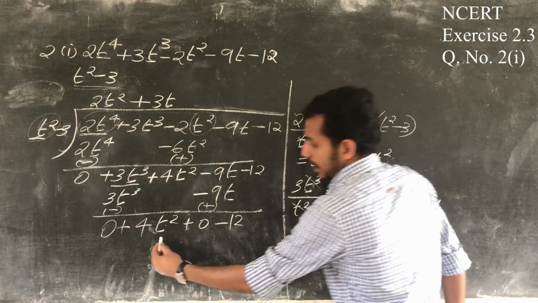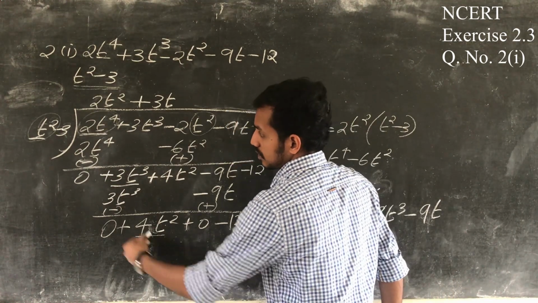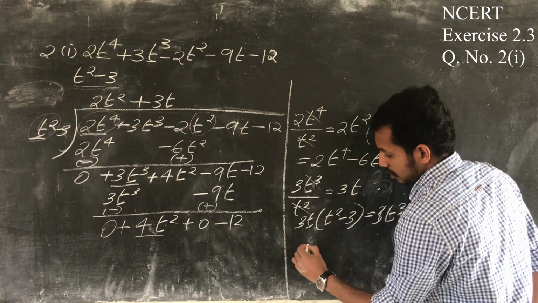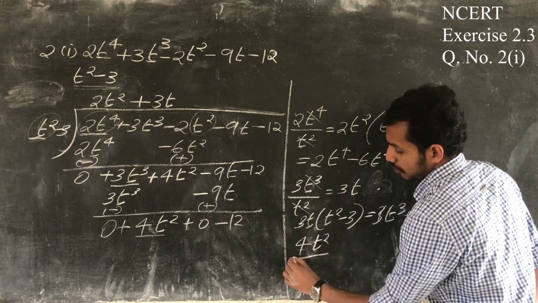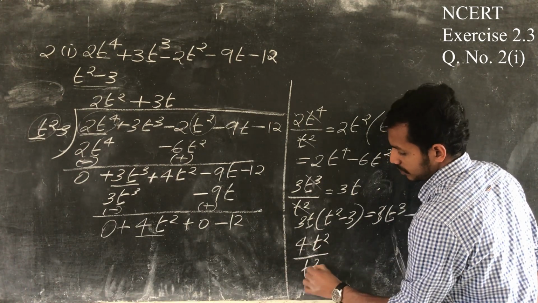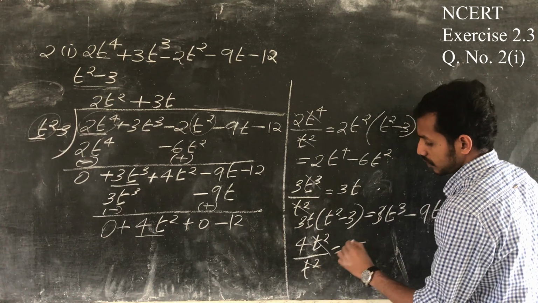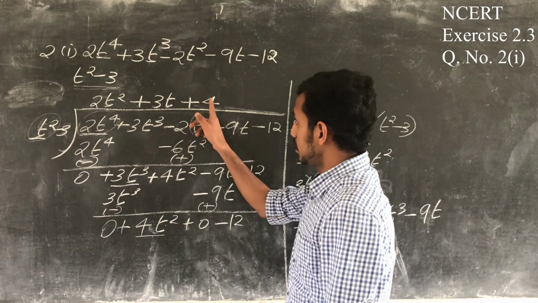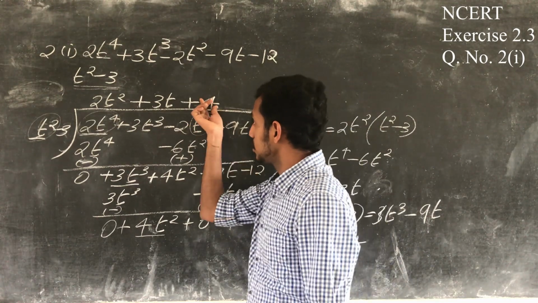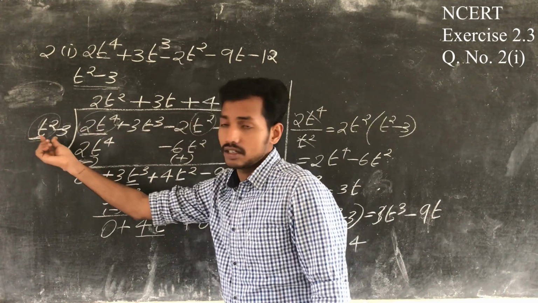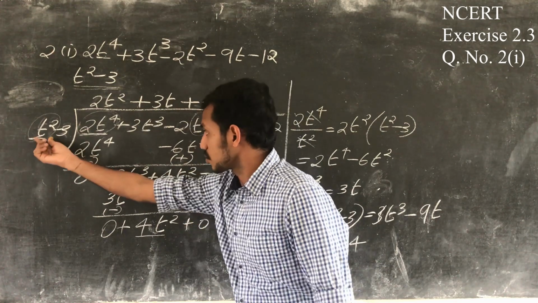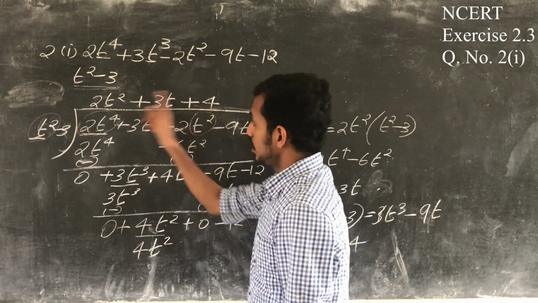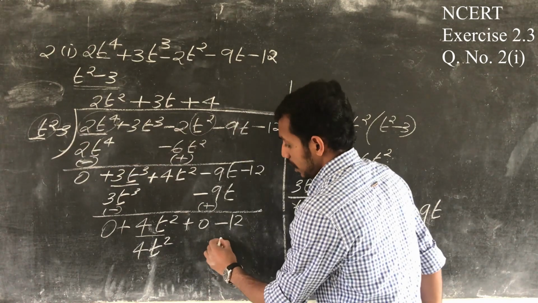Now again here 4t square is the highest term and here t square is the divisor's term. So divide 4t square by t square. We will get 4. This is the last term of the quotient. Multiply this 4 by the divisor. 4 into t square is 4t square, and 4 into minus 3 will be minus 12.